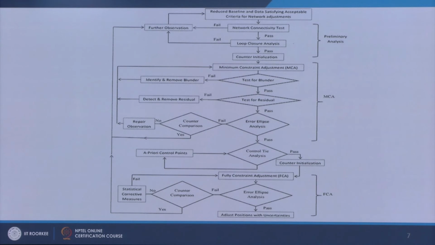With that data it starts, and then preliminary analysis, which consists of network connectivity test and loop closure test, and then minimum constraint adjustment, where there is a test for blunder, and if it passes, a test for residual, and if it passes, then error ellipse analysis.